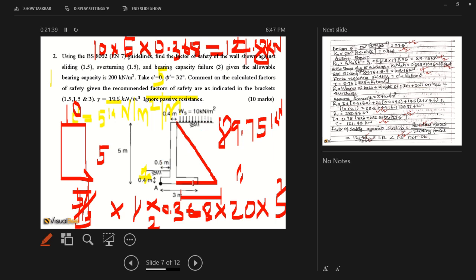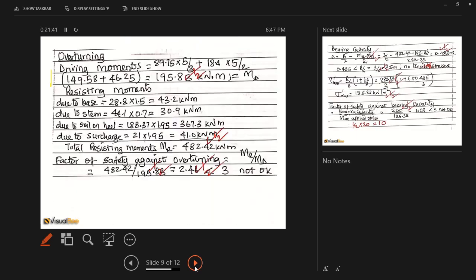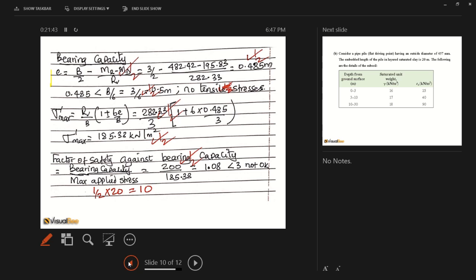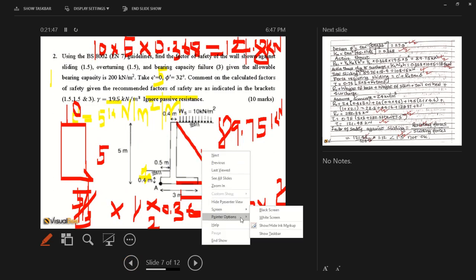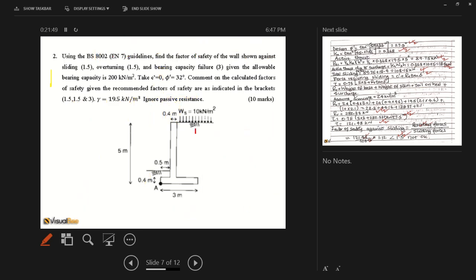I did not draw an illustration, but in terms of an illustration, this force here is about 89, and this force here is about 14, let's say 15.